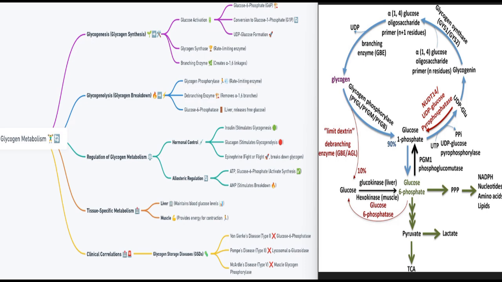Type 5 is McArdle's disease and occurs in skeletal muscles, where glycogen phosphorylase levels are very low. Type 6, Hers' disease, occurs in the liver and erythrocytes, and the deficient enzyme glycogen phosphorylase could be absent or very low. Type 7 occurs in skeletal muscles, where phosphofructokinase is very low. Type 8 occurs in the brain and liver, where adenylate cyclase is very low.